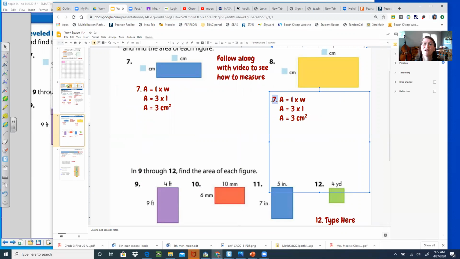So this is number 8. And our length with our stretchy and reconfiguring was 4. And our width was 2. And 4 times 2, oh, that wasn't very smart of me. But while I have it typed, let me grab it.